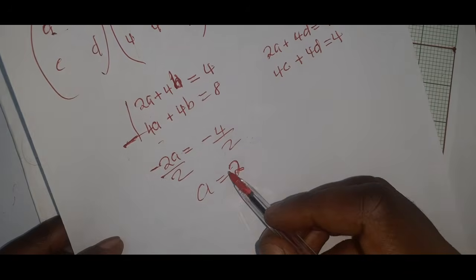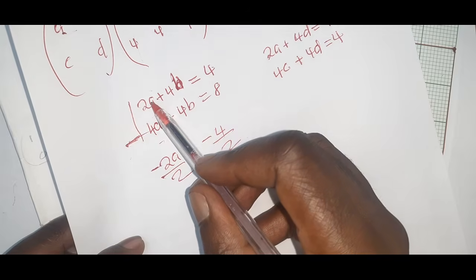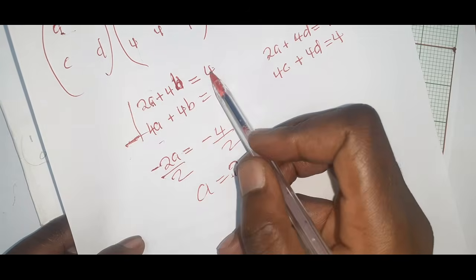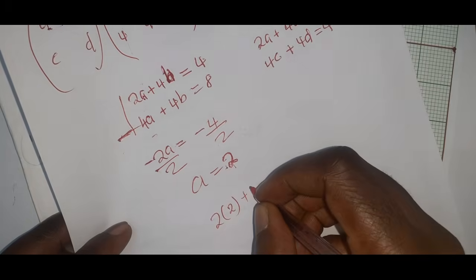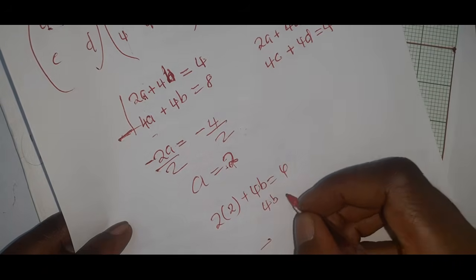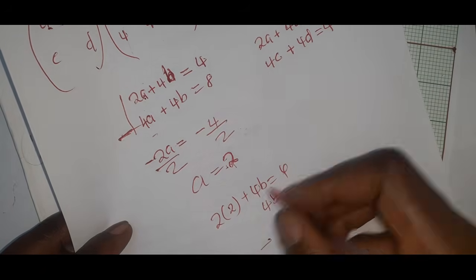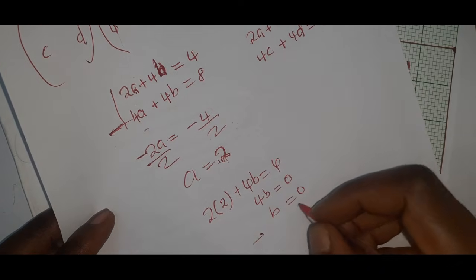So then if A is equals to 2, when you put A here, this will be 4. Then when you take it to the other side, you have 2 plus 4B is equals to 4. So this is going to be 4B is equals to 4 minus 4, which will be 0. So B is equals to 0. A is equals to 2.